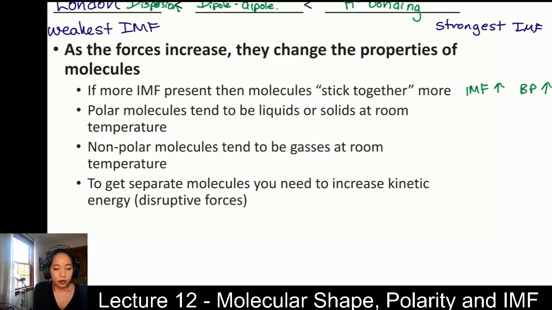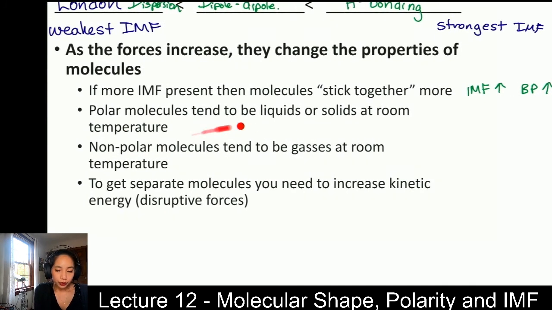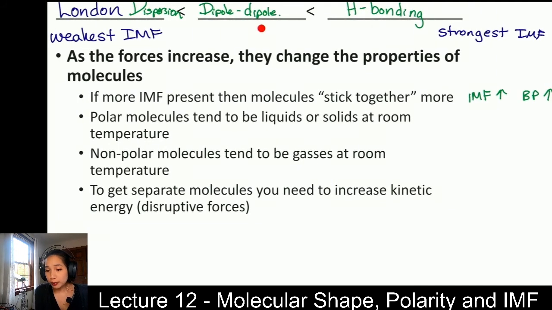Because of that, polar molecules, which will have dipole-dipole or perhaps hydrogen bonding, tend to be liquids or solids at room temperature. Because they stick together more, you need more energy to separate those molecules to become a gas. Nonpolar molecules tend to be gases at room temperature because the only intermolecular force there is London dispersion, and that's fairly weak.